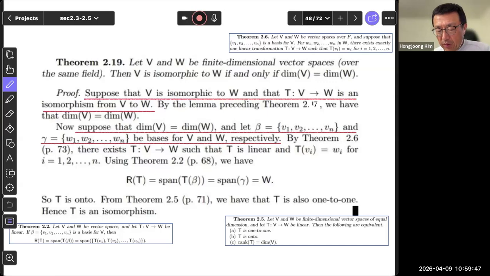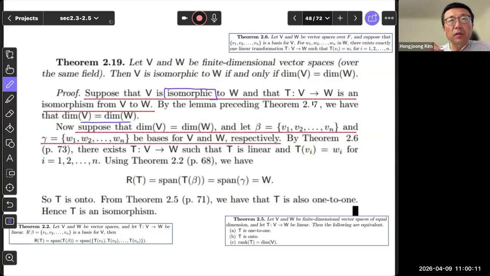But anyway, let's check this proof briefly. So suppose that V is isomorphic to W, so that we have some isomorphism from V to W. Well, if this is an isomorphism, which is an invertible mapping, then the domain and codomain must have the same dimension.